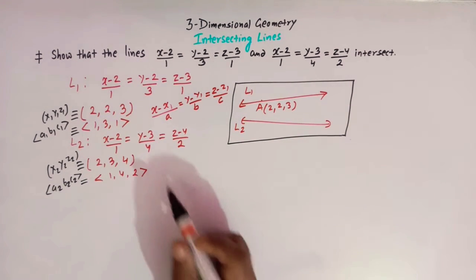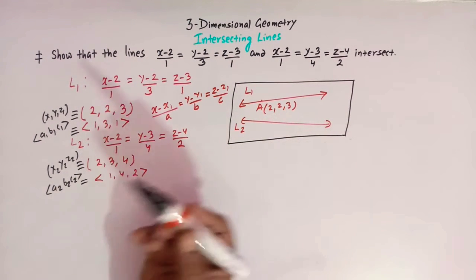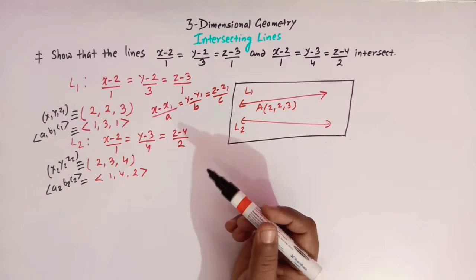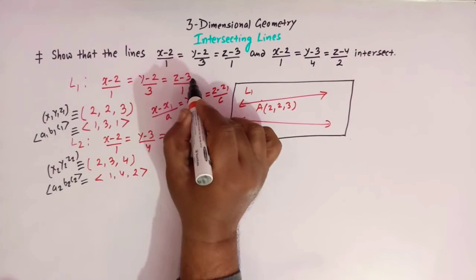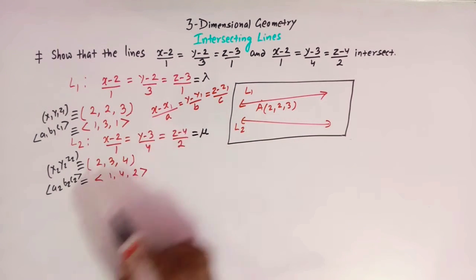Now viewers, in the second method, in which we'll show that these 2 lines are intersecting, we'll find out the coordinates of the general point on these 2 lines. So for this, here we'll take lambda, and here we'll take mu, right?